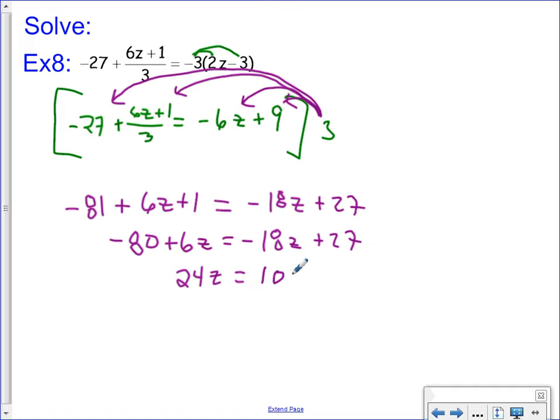So z is equal to, don't give me decimals. Improper fractions from now on, right? Improper fractions are all you need for calculus and stuff.